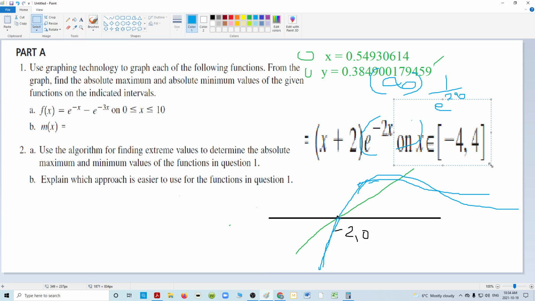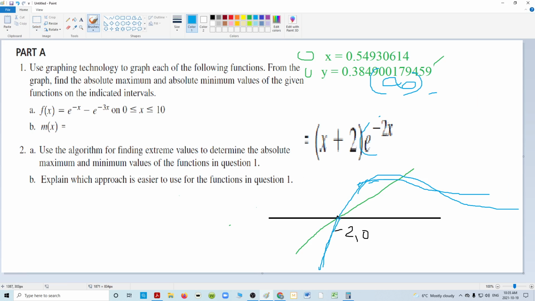Notice they only give us from -4 to 4 as the domain. Domains are sometimes important. You should always read the graph. Anyway, I did that just to see some important points. Another important point is when x is 0 here, this will be 1, but this will be 2, which means it goes through the point 0, 2.